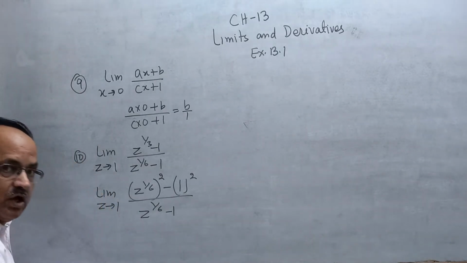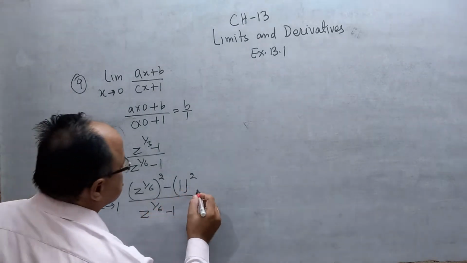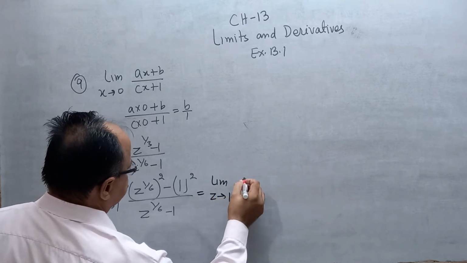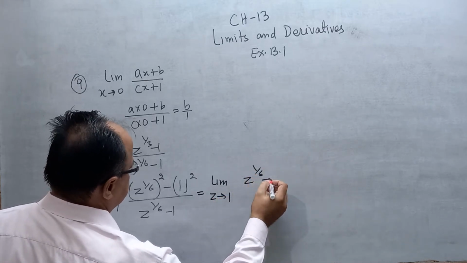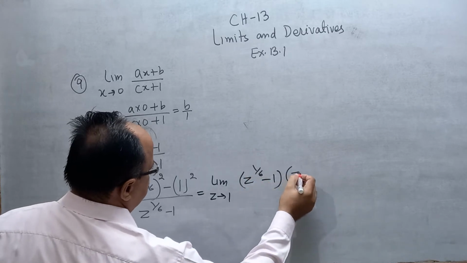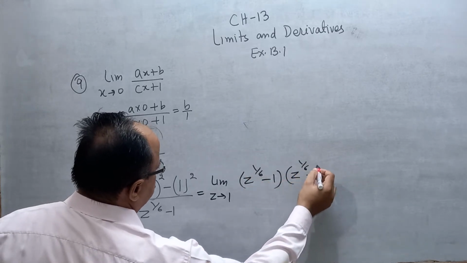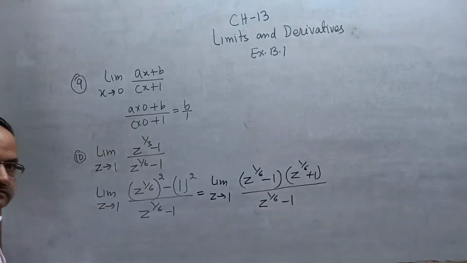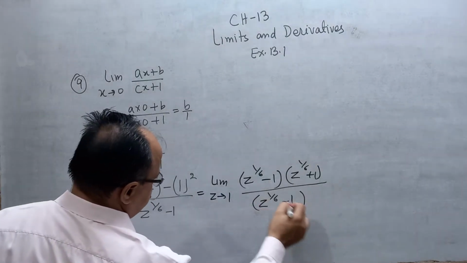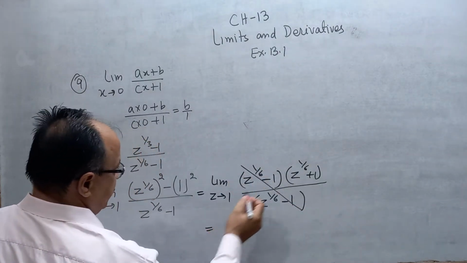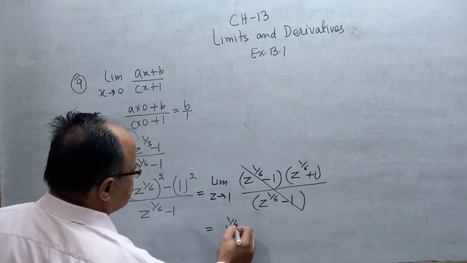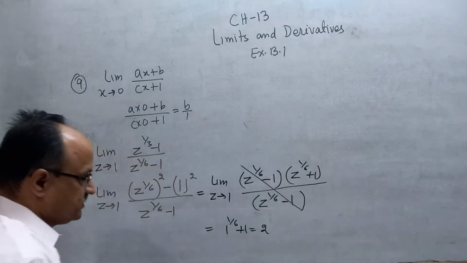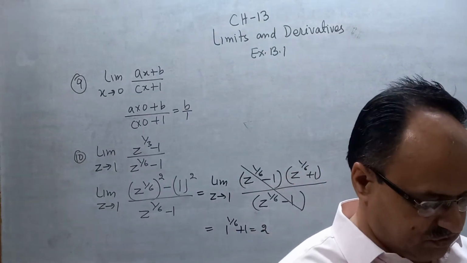Now apply the formula a square minus b square: (z to the power 1 by 6 minus 1)(z to the power 1 by 6 plus 1) divided by (z to the power 1 by 6 minus 1). You know that these two terms cancel. Now apply direct limit: 1 to the power 1 by 6 plus 1, that is 2. 2 is the answer. Clear?